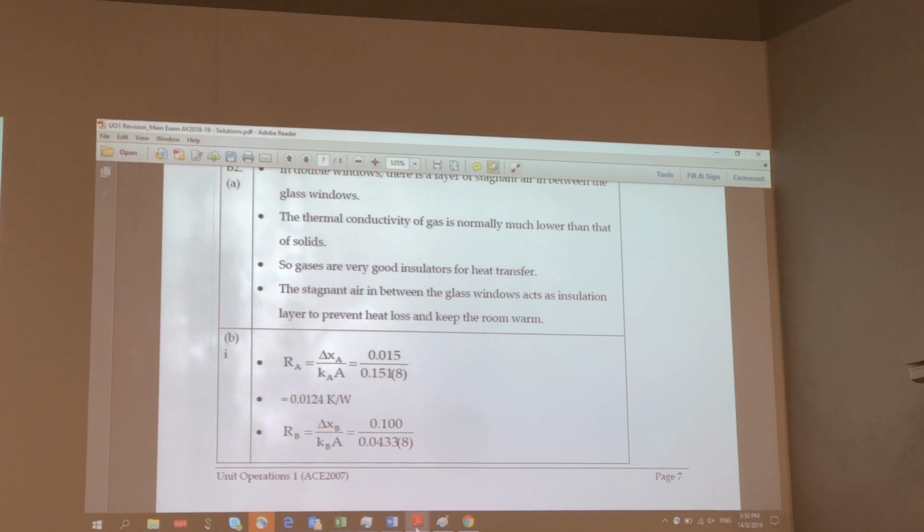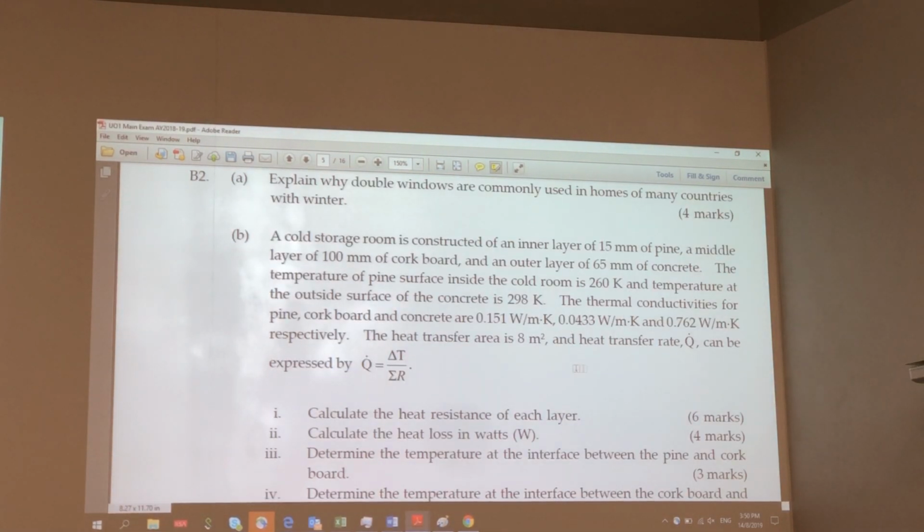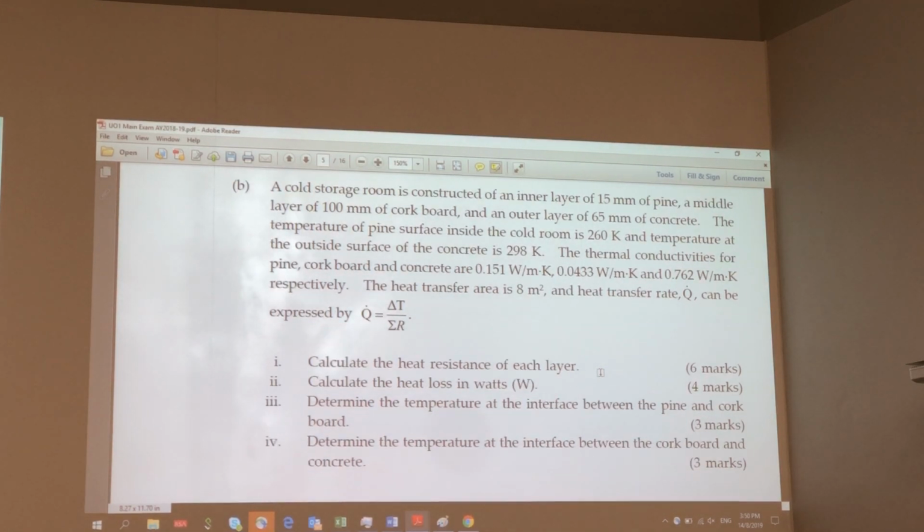Part B. Let me see the question. For part B, please take note. Whether it's heat resistance or thermal resistance, please get familiar with that term.